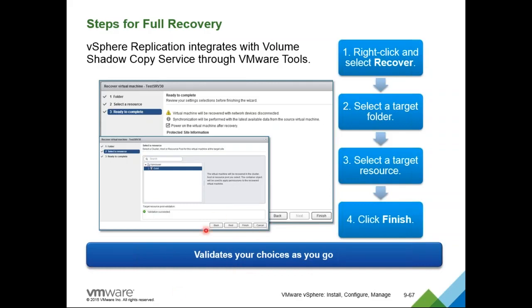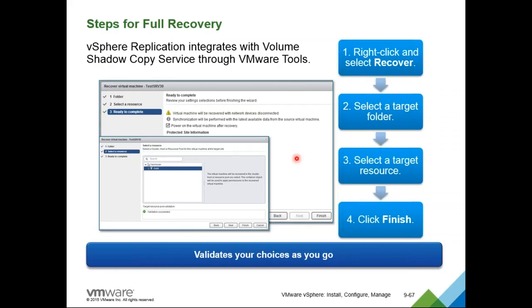Okay, VR can be easily understood if you implement it in your lab environment. The only thing is you need to configure 2 data centers. Okay, so it's a 3 step process.